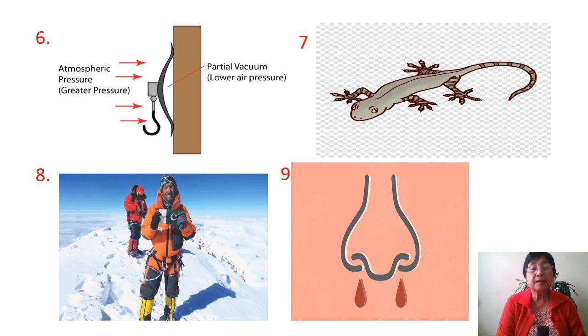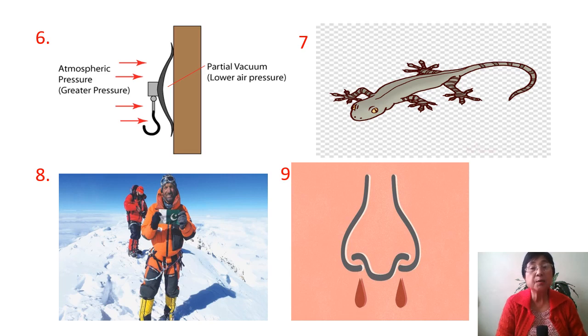The next application is in a lizard. The feet of a lizard are more or less like a rubber sucker. Whenever a lizard walks, it will press the feet very hard to the wall, making the underside of the feet a partial vacuum.